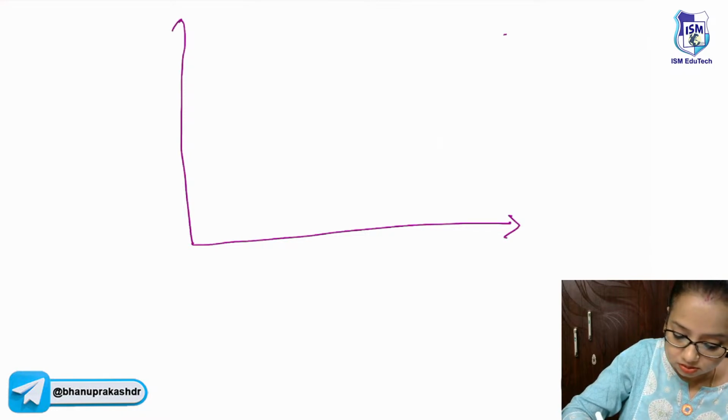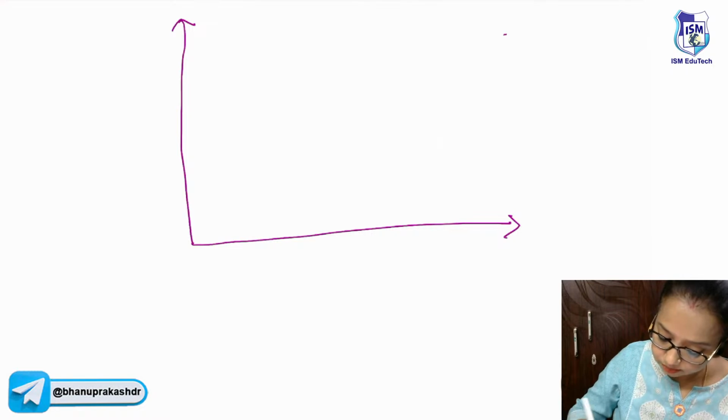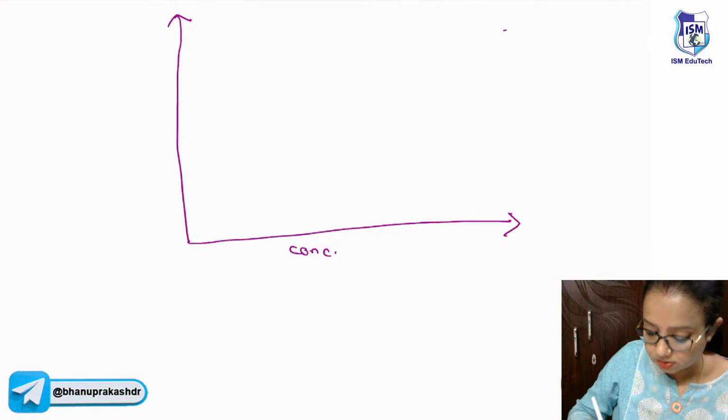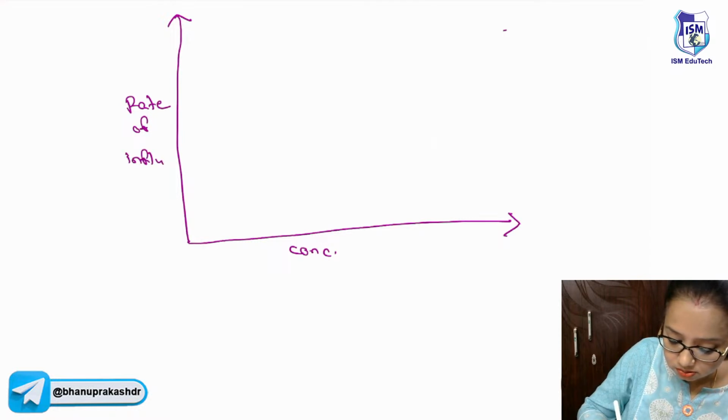On our x-axis, we have the concentration of the diffusing substance, and here we have the rate of influx.